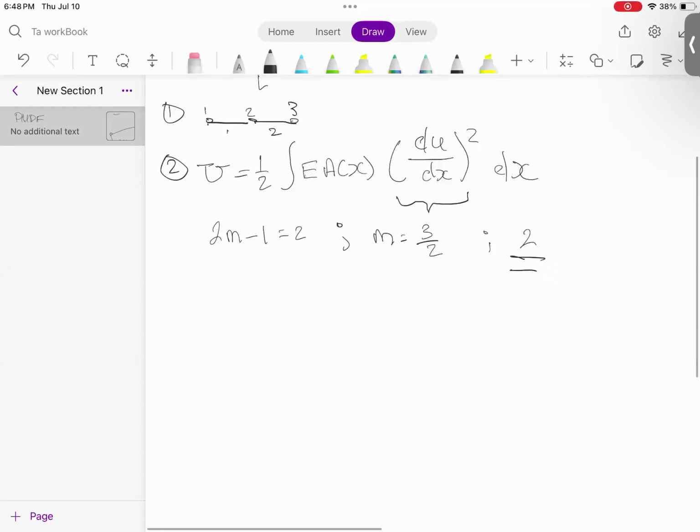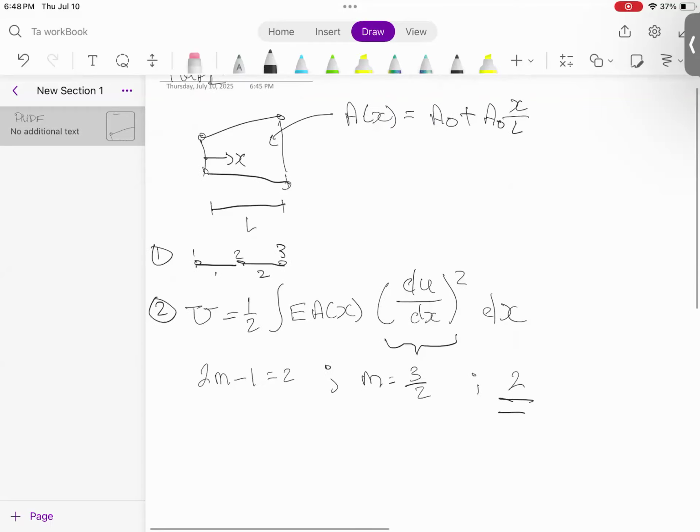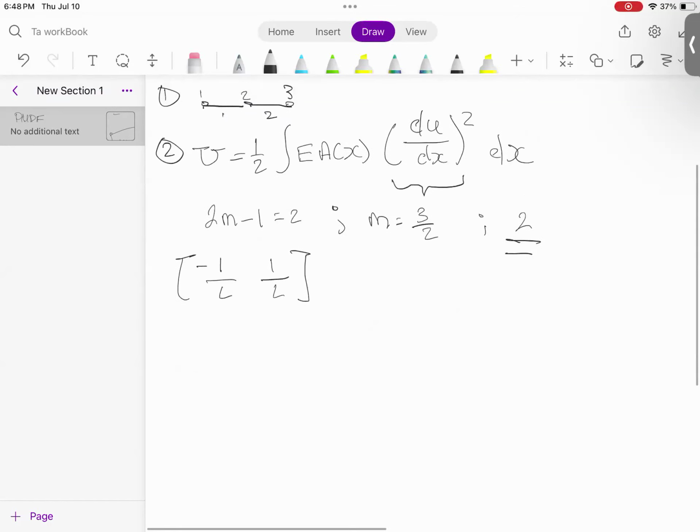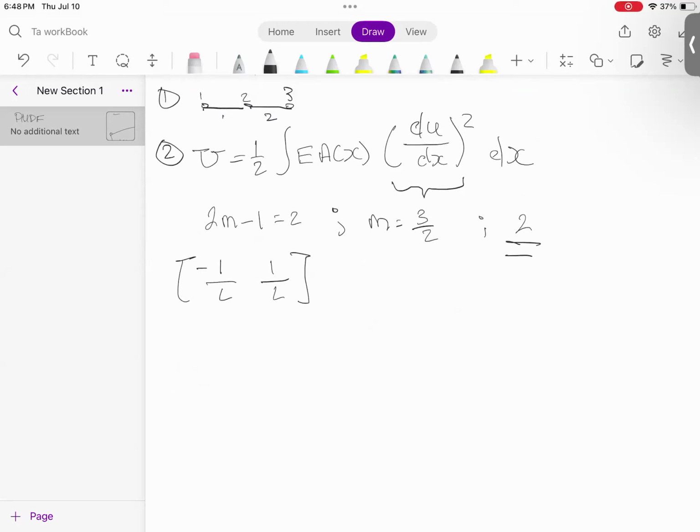Based off of the theory, we know that for two Gauss integration points, we have 1 over L and negative 1 over L. The way it works is when we use shape functions and weights, we say that f of x is equal to the sum of the weights times the function. And we substitute du over dx for the sum of the weight function.